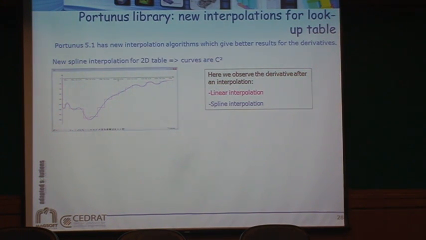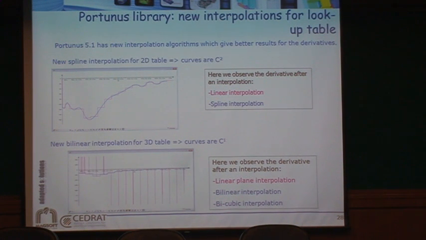Now if I do a spline interpolation, then the derivative is going to be continuous and derivable. So we have an interpolation that goes inside the table, and we have it also for the 3D tables. Same idea. So quite an advantage there.